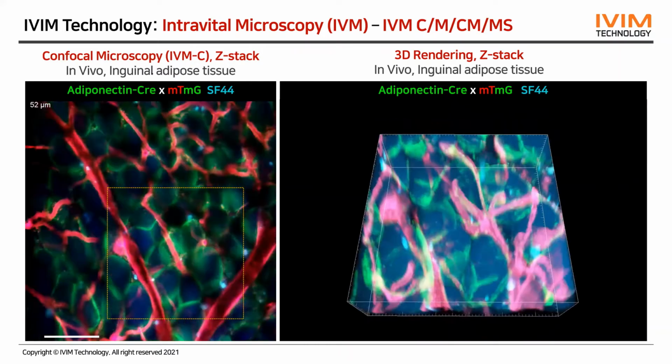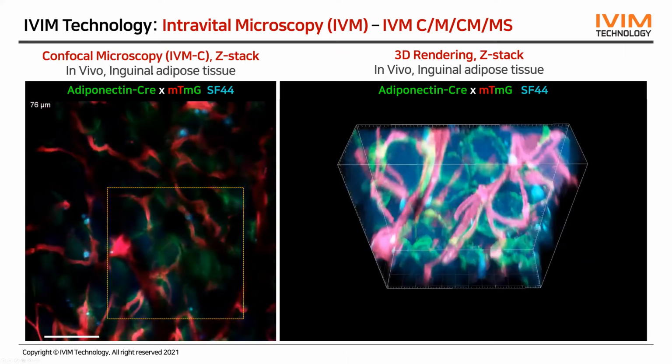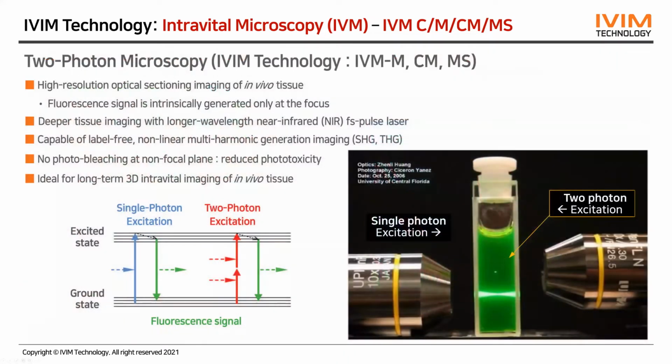Two-photon microscopy is another technique for optical section imaging in the live tissue of the in vivo mouse model. In two-photon microscopy, the fluorescence signal is intrinsically generated only from the focus. As you can see here on the right side, for two-photon excitation, the fluorescence signal is only generated from the focal plane.